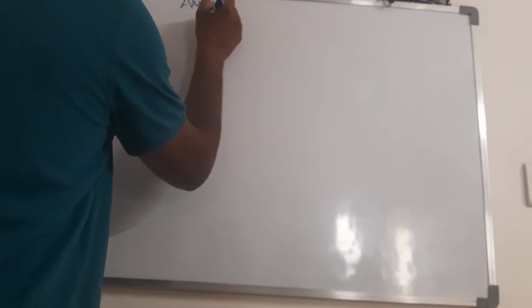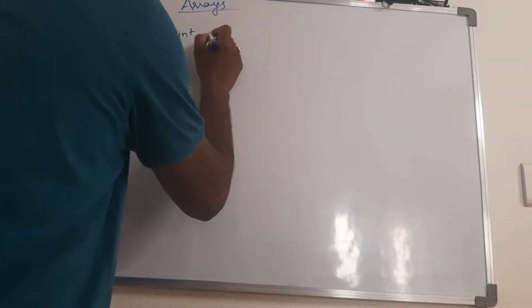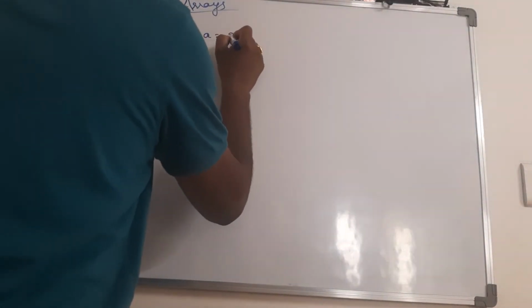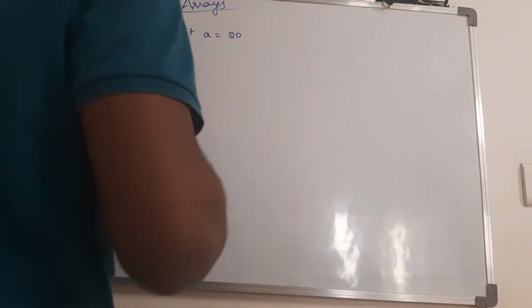Okay, now arrays. Now tell me, I want to create an integer variable. How can I create? int a = 20.